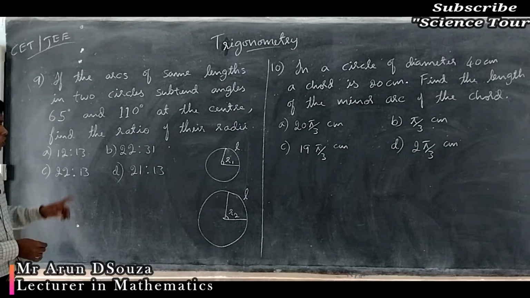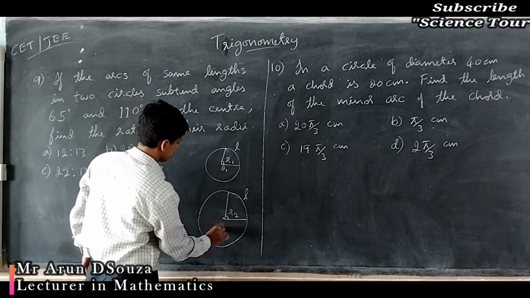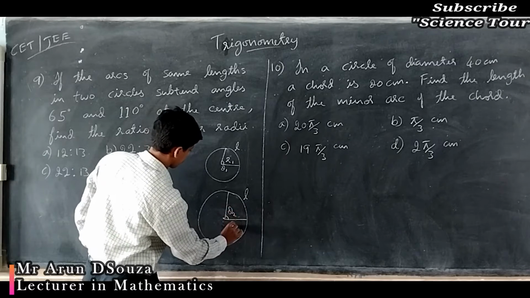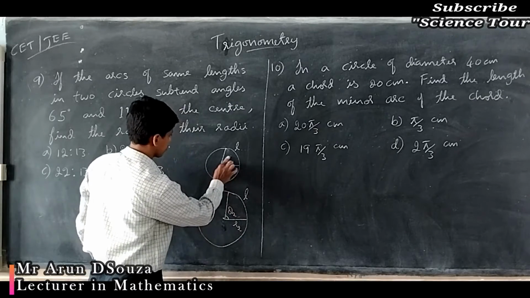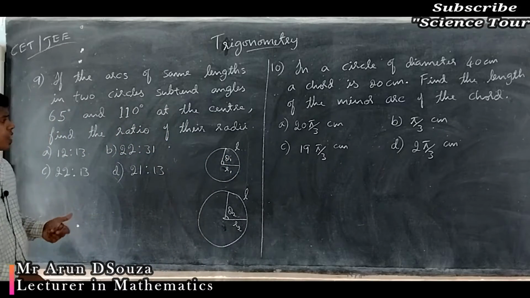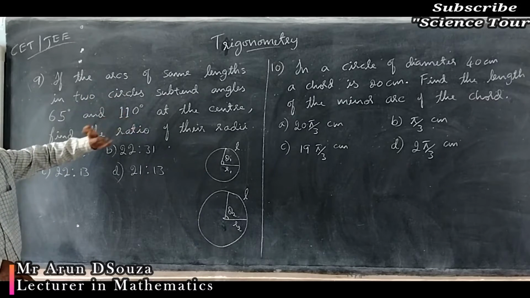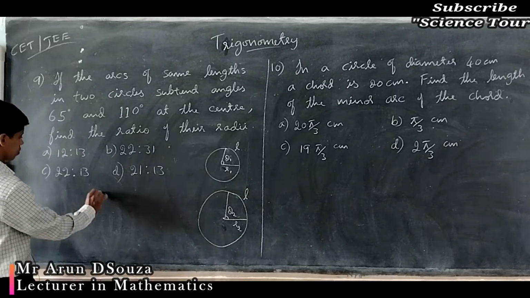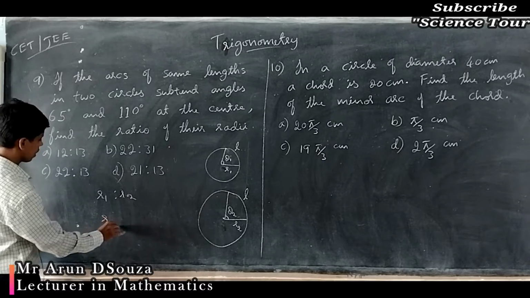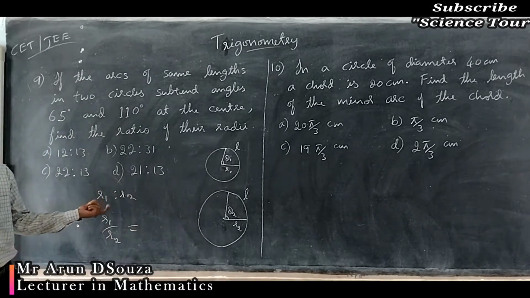We'll take theta 1 and here theta 2. We have to find the ratio between R1 and R2, that is R1 is to R2, or R1 divided by R2.